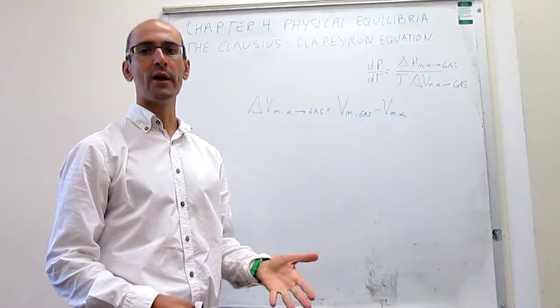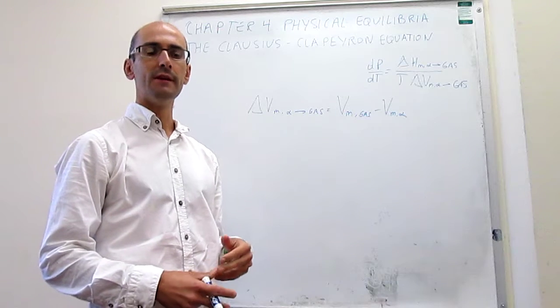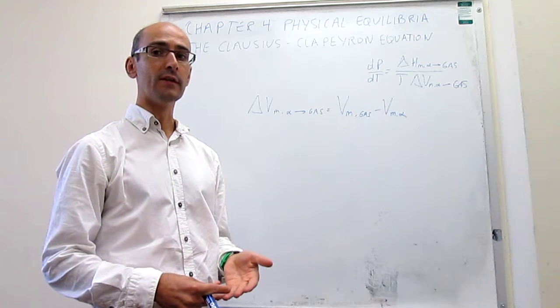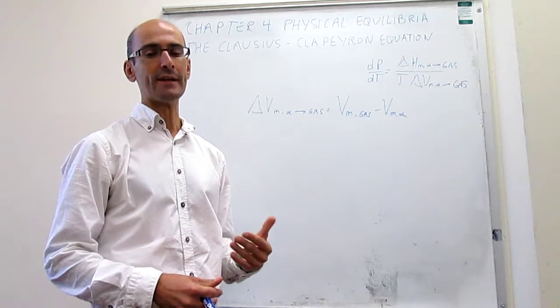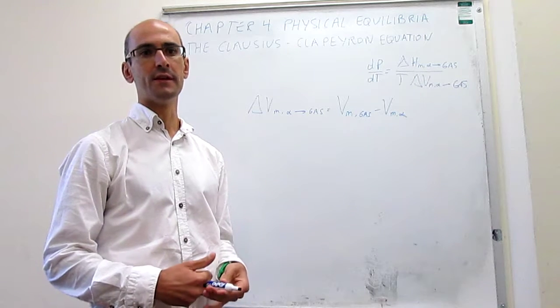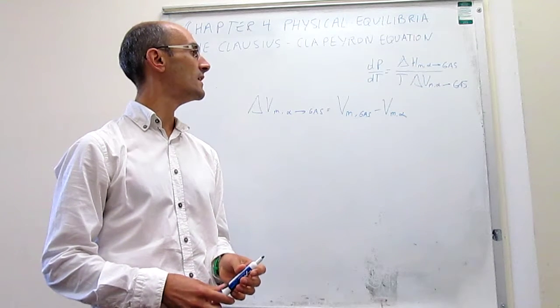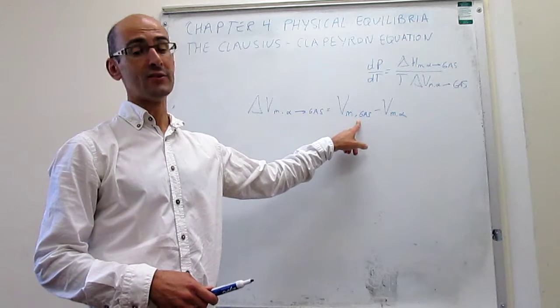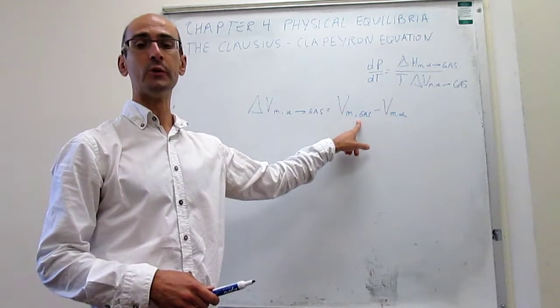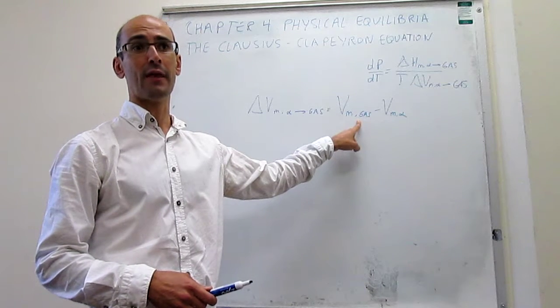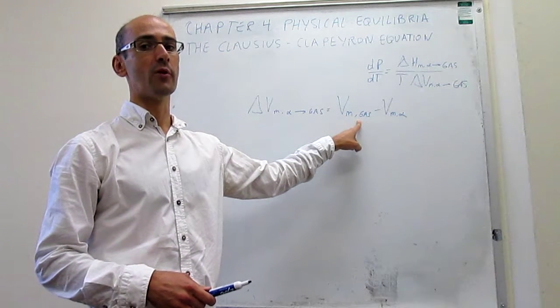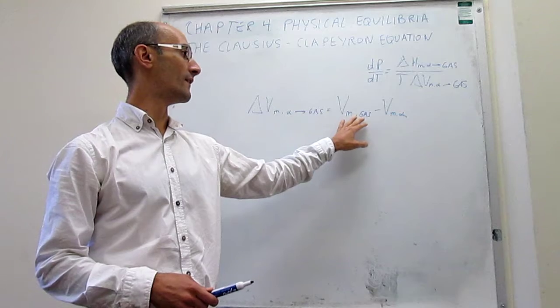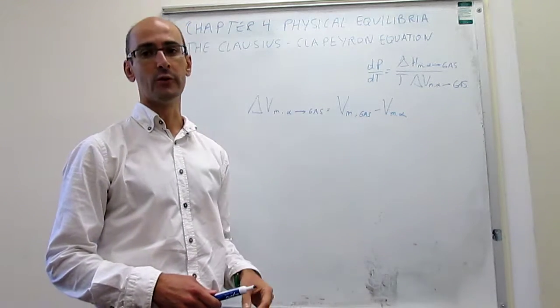For example, for water under ambient conditions, the molar volume of the liquid phase will be about 18 milliliters or so. The solid phase will be about 19 milliliters. But when you go to the gas, under the same conditions, the molar volume will be about 24 liters. So there's about 1,000 times greater molar volume for the gas than the liquid or the solid.